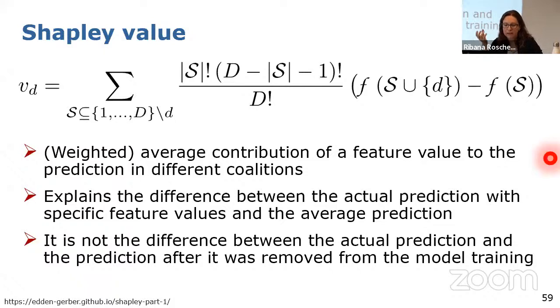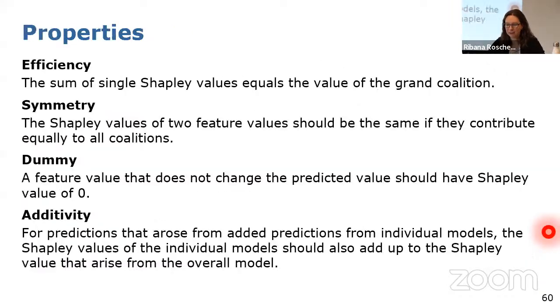So it explains the difference between the actual prediction with specific feature values and the average prediction. So why does something else happen when I have a specific feature value in comparison to the average prediction? And it's not the difference between the actual prediction and the prediction after it was removed from model training. So this is something else. Just to be careful.